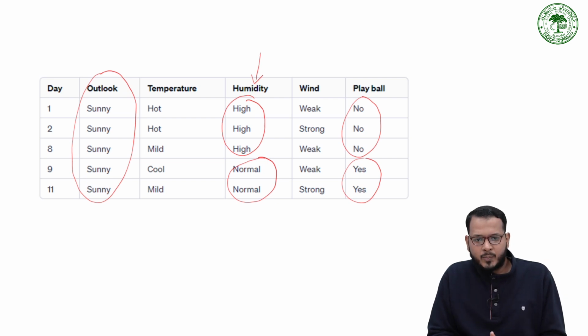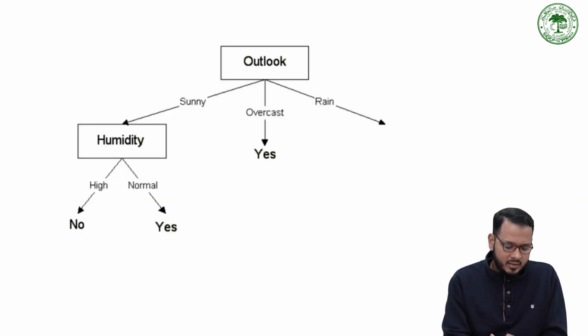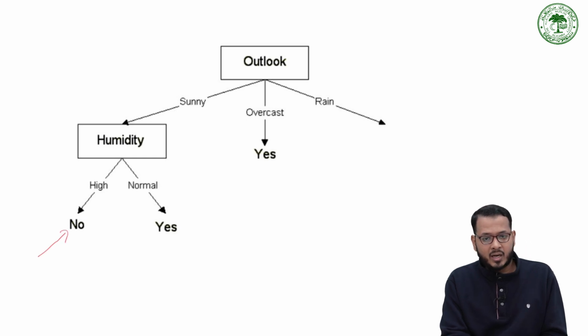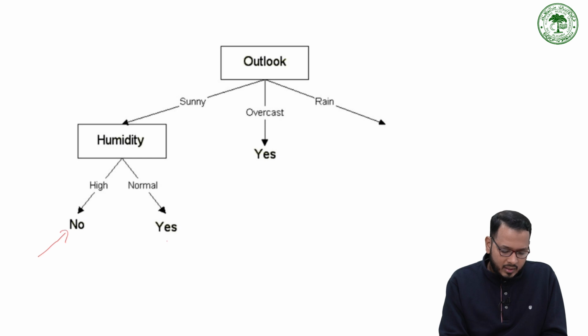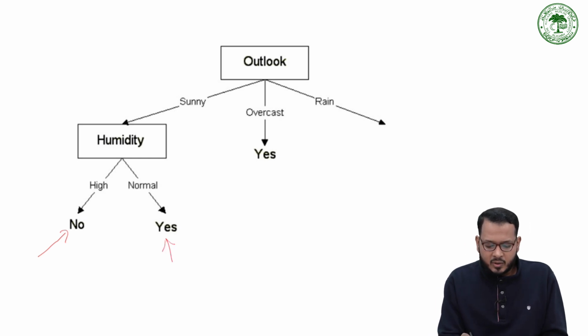Since there is a complete division between high and normal as no and yes, we can stop that decision tree with the final decision, that is, if humidity is high after outlook being sunny, then the answer is no, otherwise it is yes.